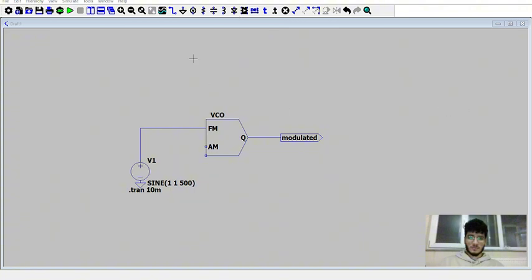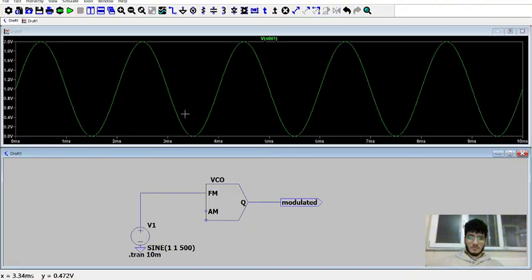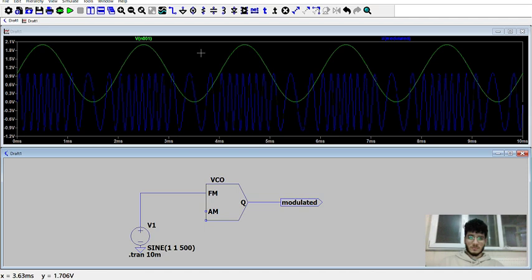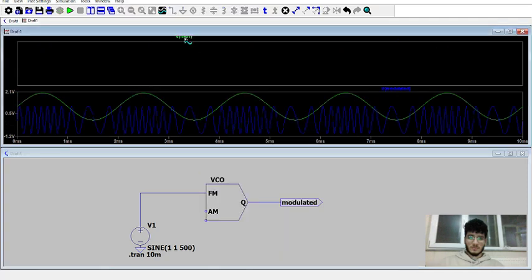I have a sinusoidal signal for the input. I give it an amplitude of 1 volt, an offset of 1 volt, and a frequency of 500. I'm going to run it. The voltage at the input is this one, and the output, let's put it on top.